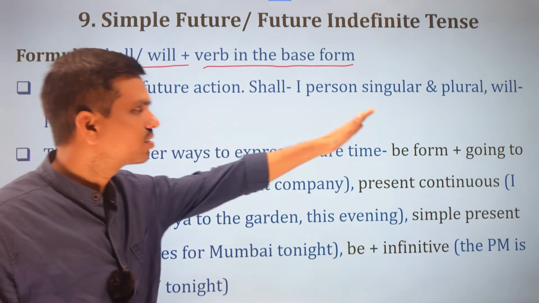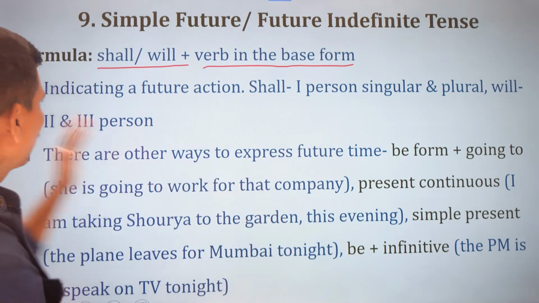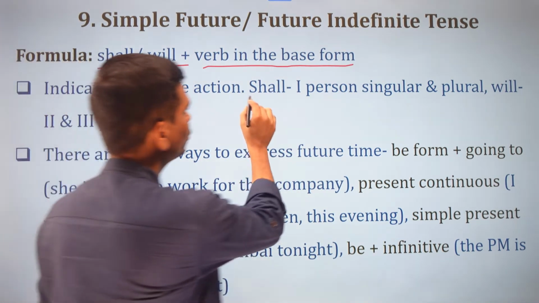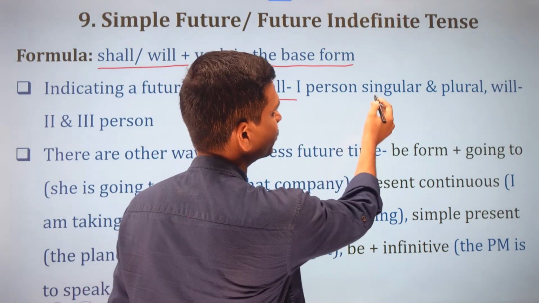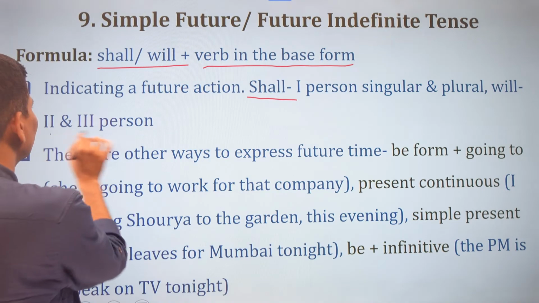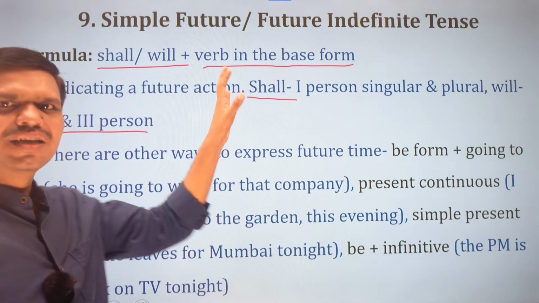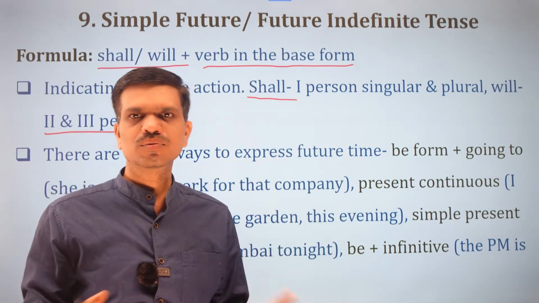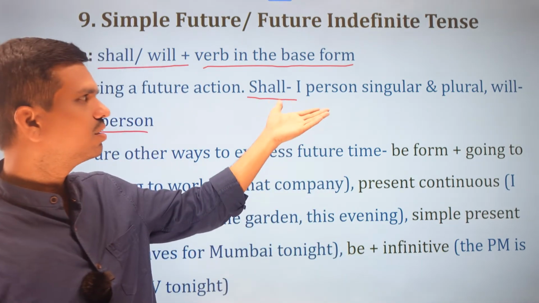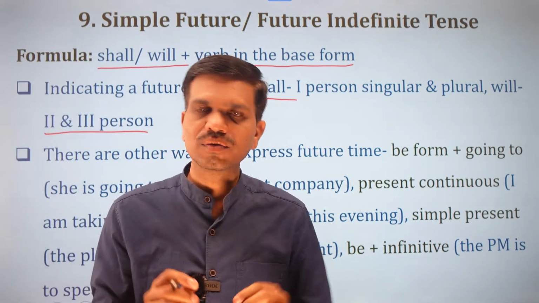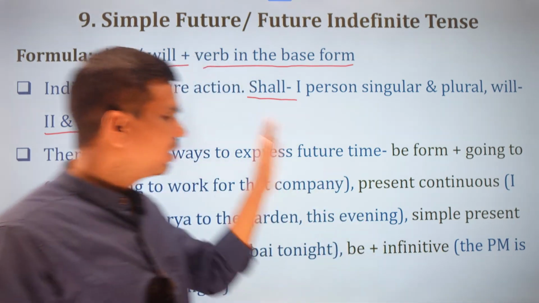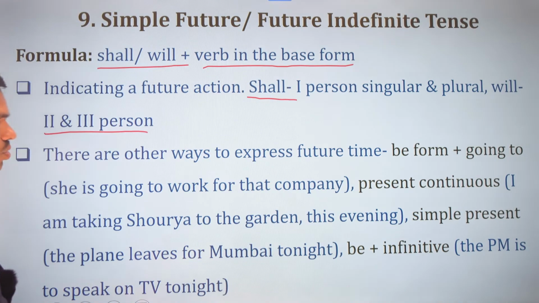Shall is used for first person singular and plural. Will is used for second and third person. This is generally what we use, but sometimes there may be exceptions to this rule. Generally, when we use I, we use shall, and when we use you, we use will. So this is the simple thing you need to understand.